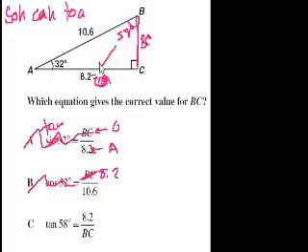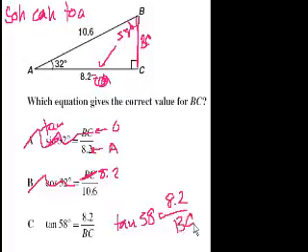So the tangent of 58 should be equal to the opposite side, 8.2, over its adjacent side, BC. BC was opposite the other angle, but it's adjacent to this angle. So that's what they wrote, and choice C is correct.